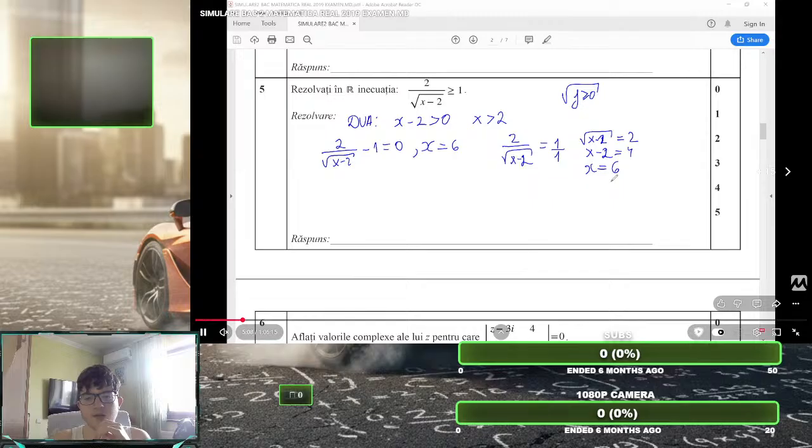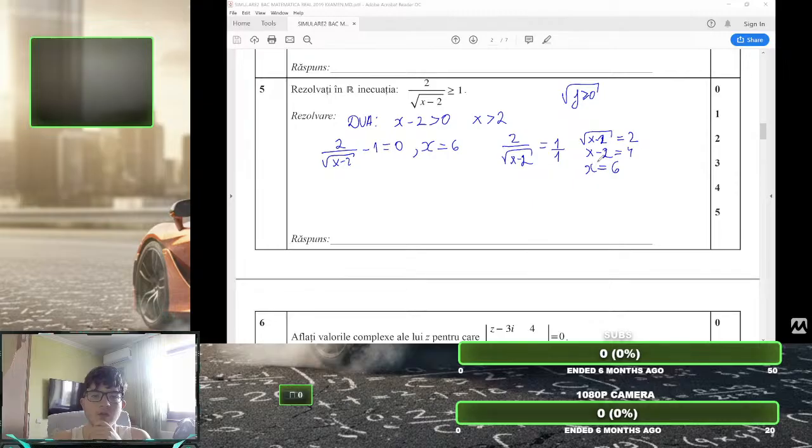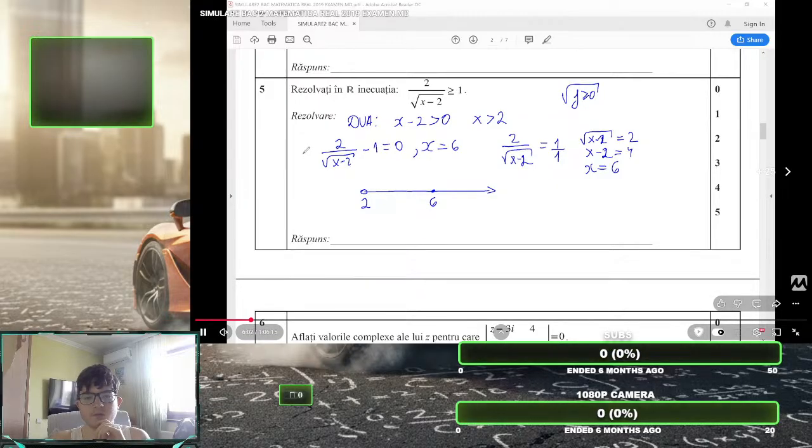So x is 6, so that's like an arithmetic crisscross and so on. Okay, so now on the DVA, we got a 6, and that is bigger than 2, so it works. So the solution is 6.